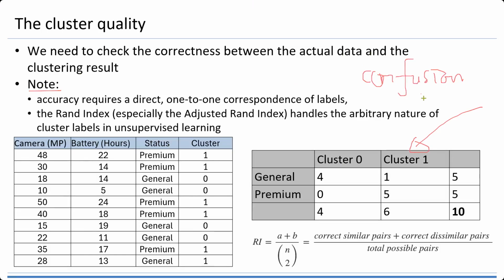Confusion matrix. In the confusion matrix, we have the actual compared to the predicted. Now we are going to check the actual data compared to the clustering result. So this predicted is the clustering result.